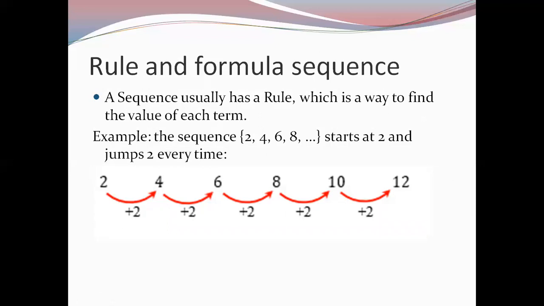Okay, next are rules and formulas for sequences. A sequence usually has a rule, which is a way to find the value of each term. Example: the sequence 2, 4, 6, 8, and so on, starts at 2 and jumps 2 every time.